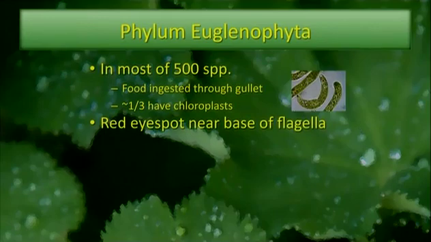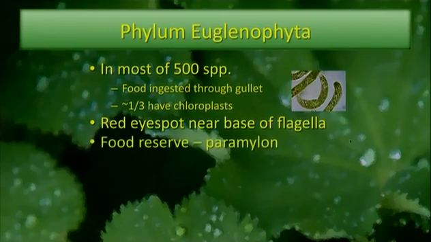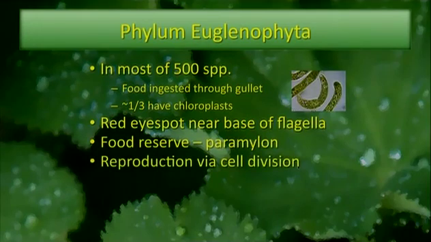That helps them to detect light. Their food reserve is a carbohydrate called paramylon, and their reproduction is by cell division. They split lengthwise from their flagellar end.